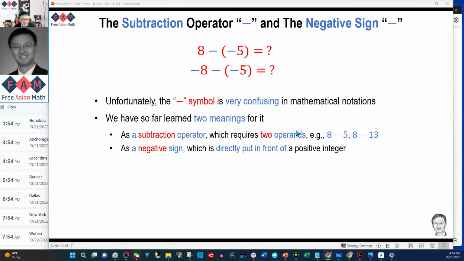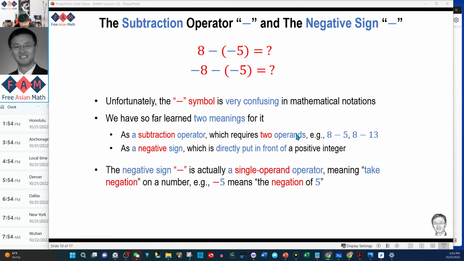So when we have -5, we put this symbol in front of 5. This negative sign is actually a single operand operator.